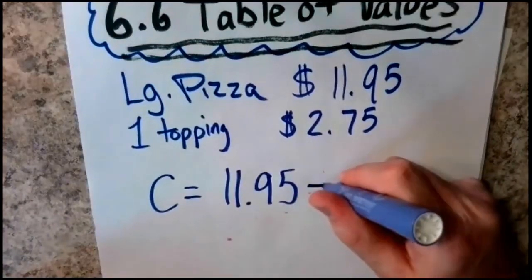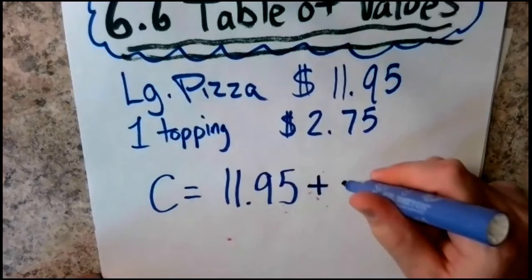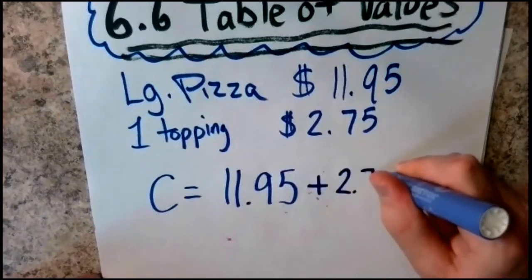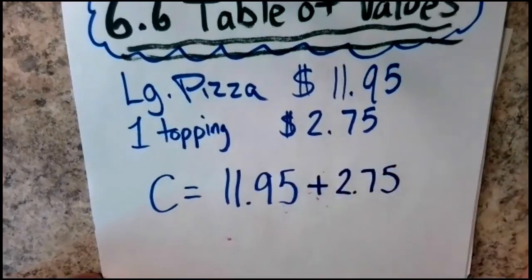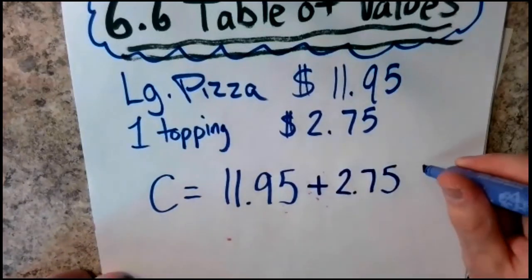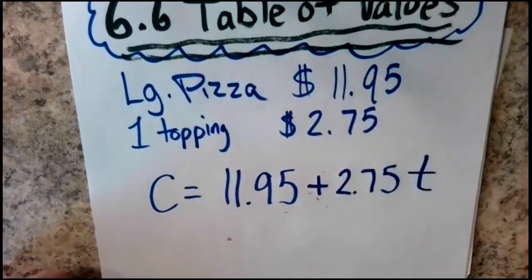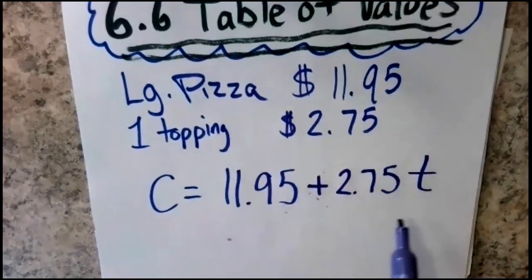Now we have to add $2.75 per topping. So we have to times every topping we have. So we are going to put that as the letter T. So our equation to figure out how much a large Red Swan pizza costs will be $11.95 plus $2.75 times the number of toppings.